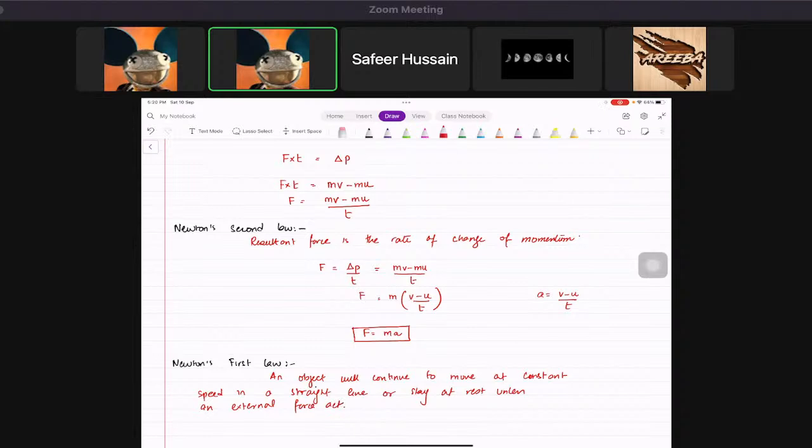Now, which basically means that if we go back to what we saw earlier happening to the object that changed direction, right?